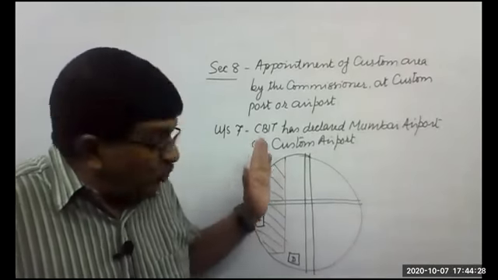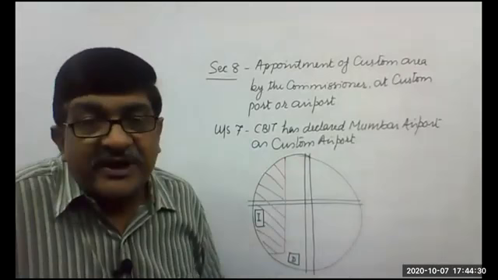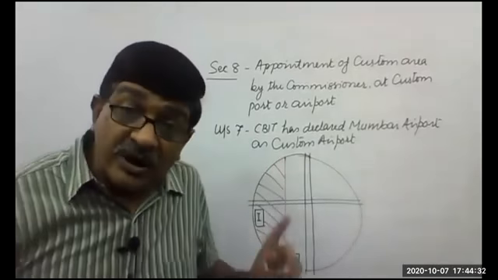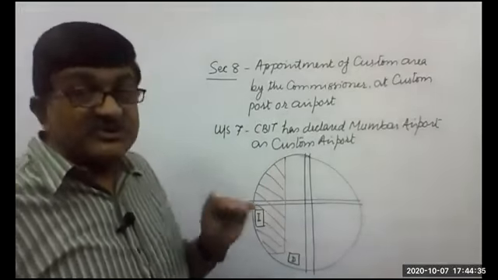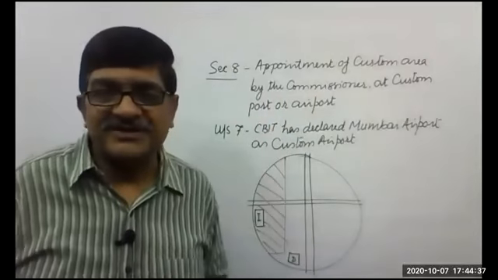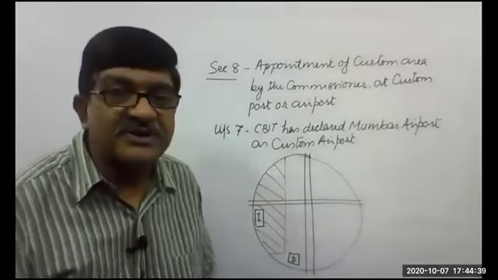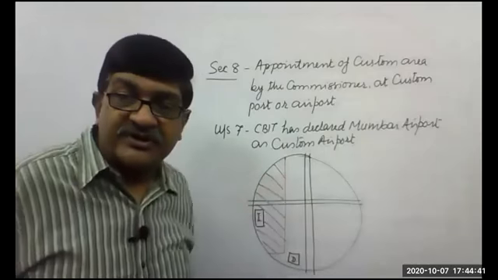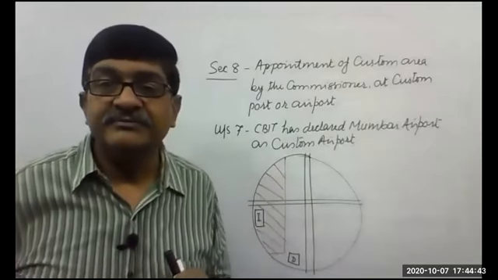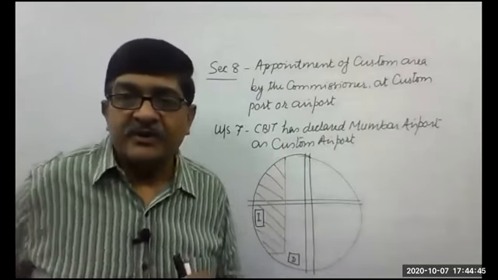So he declared that only this portion is the custom area. Now I will tell you the relevance of the custom area, which is not part of Section 8. Is this portion understood, the meaning of custom area? Yes, sir. Okay.